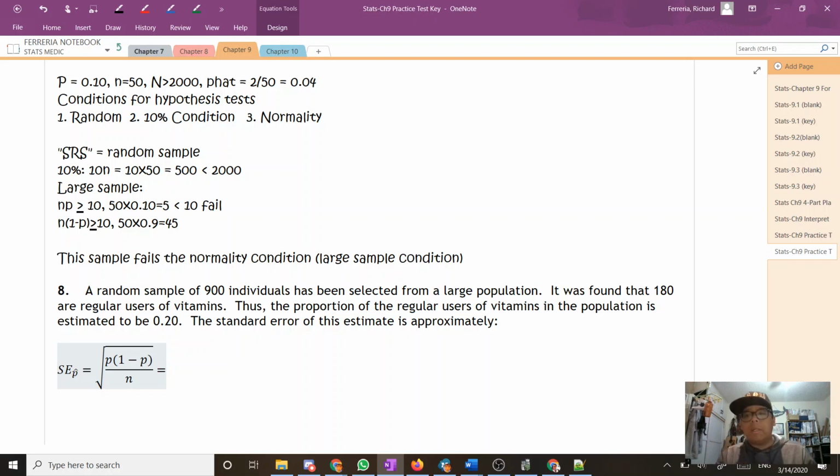So we're going to just put in our numbers here. P is 0.2, and 1 minus p is 0.8. N is 900.